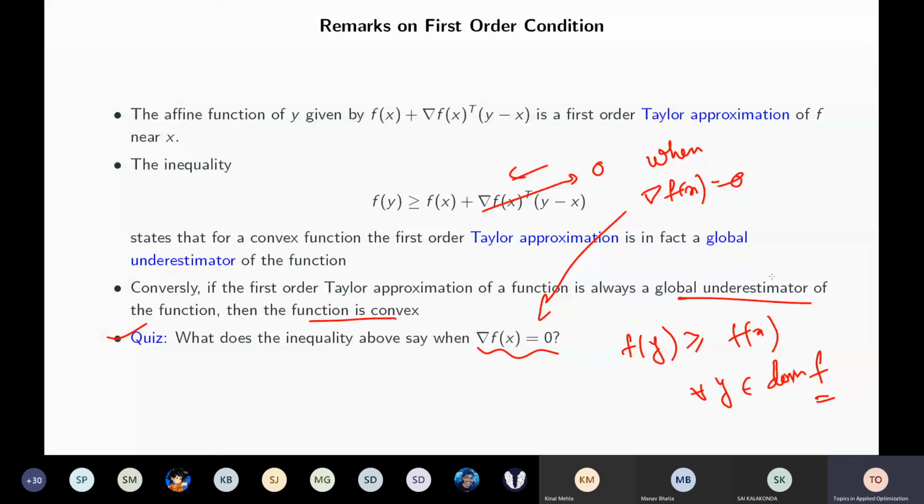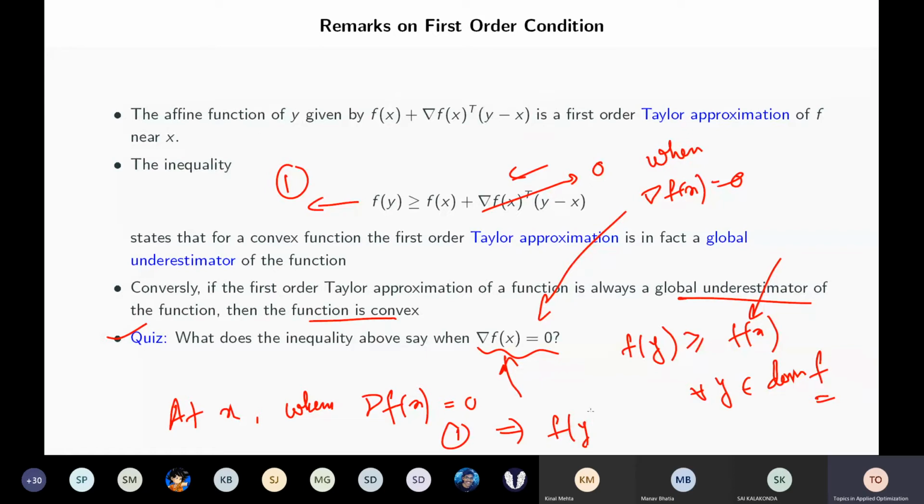So at x where grad f(x) equals 0, let us say this is our equation 1, it implies that f(y) is greater than or equal to f(x) for all y. This implies that f(x) is the minimum, because any other function values are above it. So x is the point where the minimum is achieved.